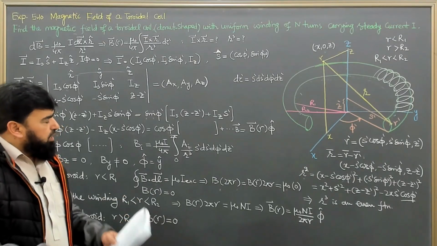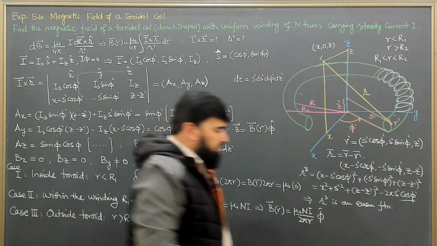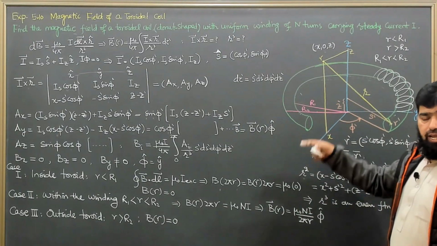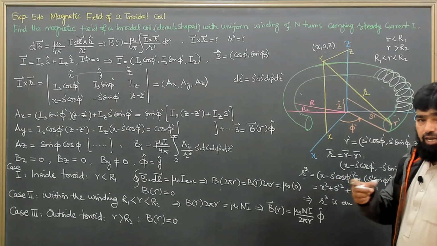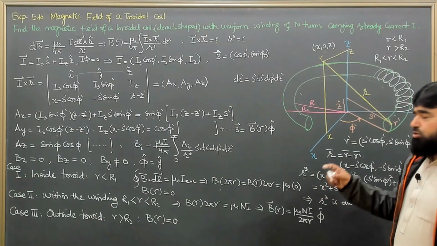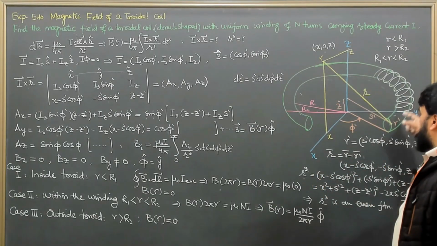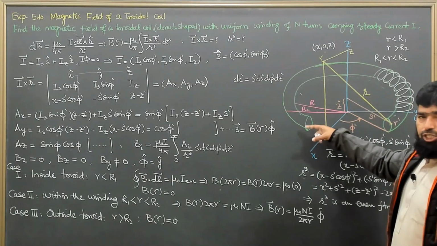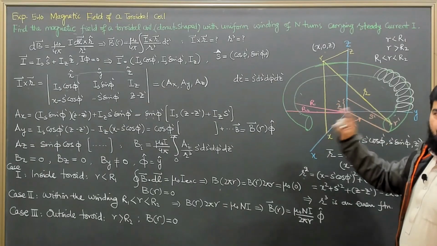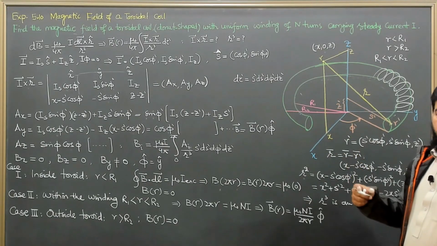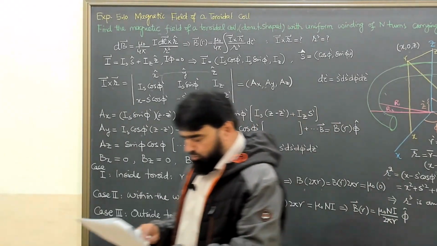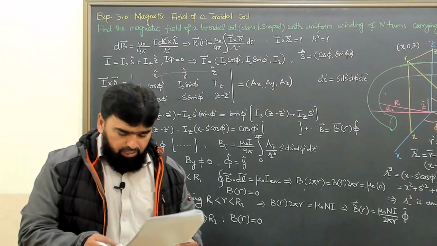This magnetic field is varying. Now one thing: what if the toroid is not circular like this, but square or rectangular in shape? The result will be the same. The reason is that whether it's a circular shape or any other shape, it is symmetric on both sides, so the symmetry basically cancels the effect of the shape of this toroid. We have to keep this in mind.